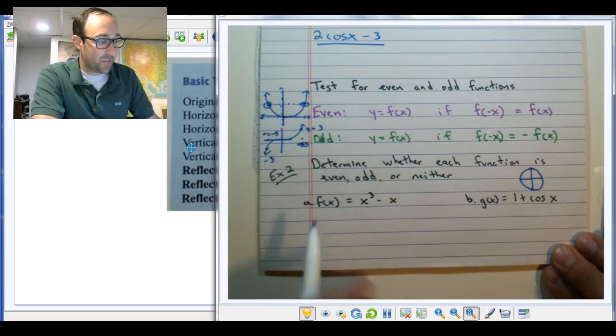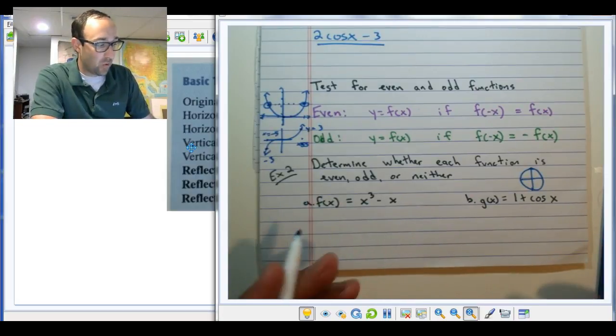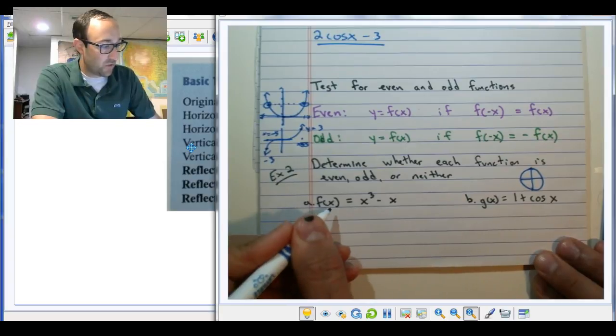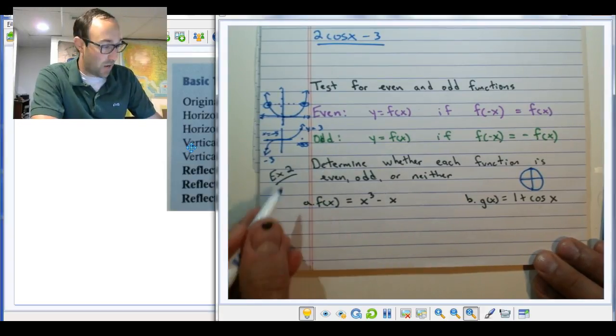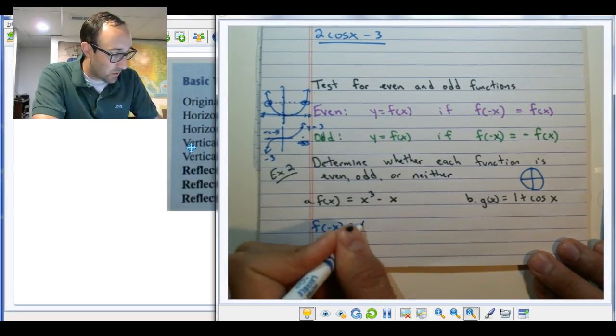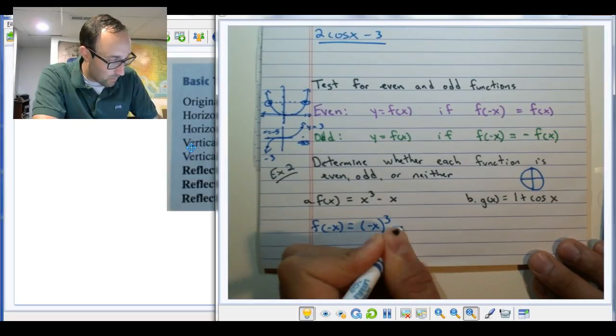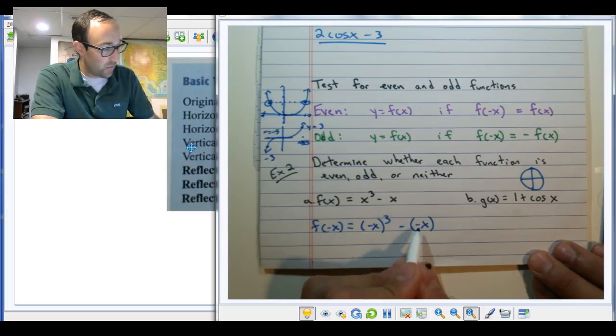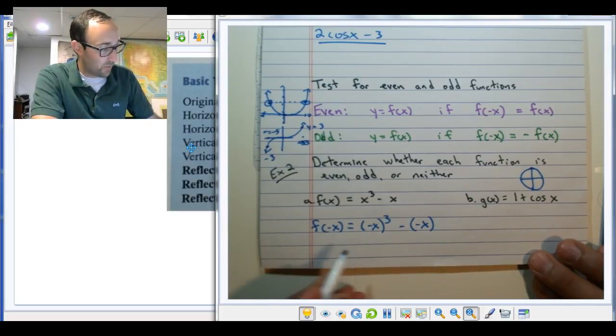Here's our example. Determine whether each function is even, odd, or neither. So if I have f of x equals x cubed minus x, the first thing I'm going to do is plug in a negative value for x. I'm just going to make it negative and see what happens. So f of negative x equals negative x cubed minus negative x. Good. Now, could I take a negative value out from this?